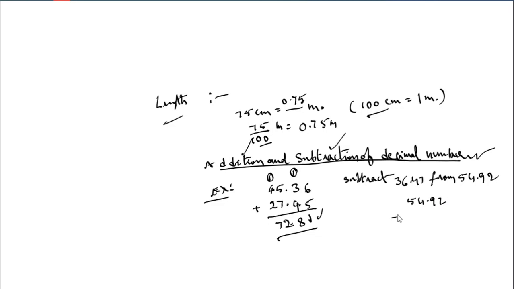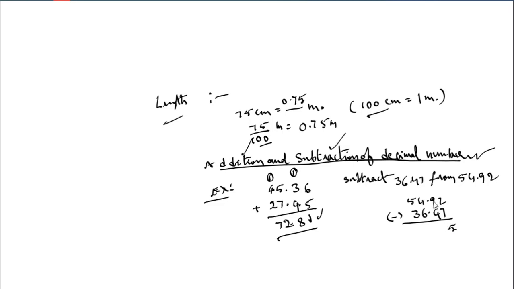Point under point, don't forget. So 36.47. Subtract them as whole numbers, ignore the decimal point. 2 minus 7 is not possible, borrow 1 from this place. So 2 becomes 12. 12 minus 7 is 5.